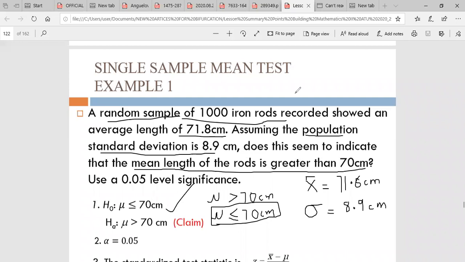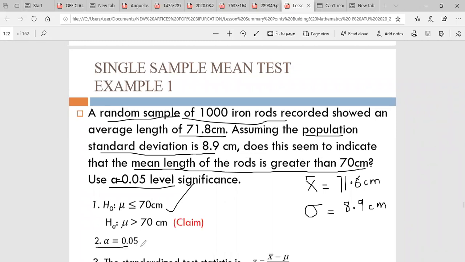Now, what next? In step 2, we said you select your significance level, okay? And then fortunately for us, in the question we've been told to use alpha, this is not A, this is alpha of 0.05. So you write it neatly, which is step 2 here.